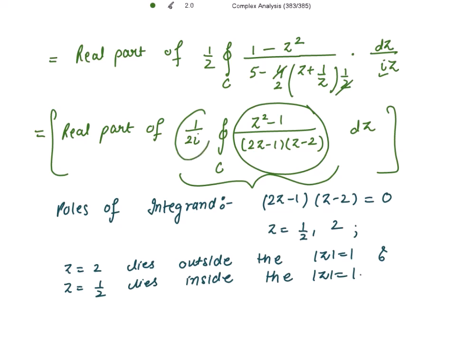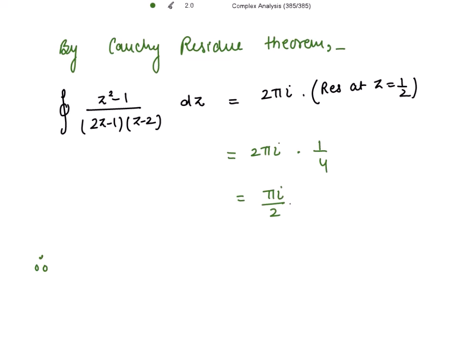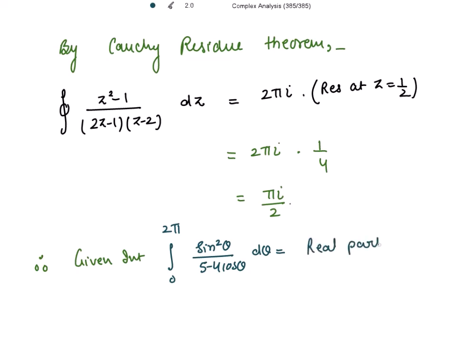So that is pi iota divided by 2. And 1 divided by 2 iota is also multiplied with this integral. So we have to write that the given integral, that is 0 to 2 pi, the original integral, we have written this integral to be equal to the real part of 1 divided by 2 iota into the integral z square minus 1 divided by 2z minus 1 into z minus 2 dz.